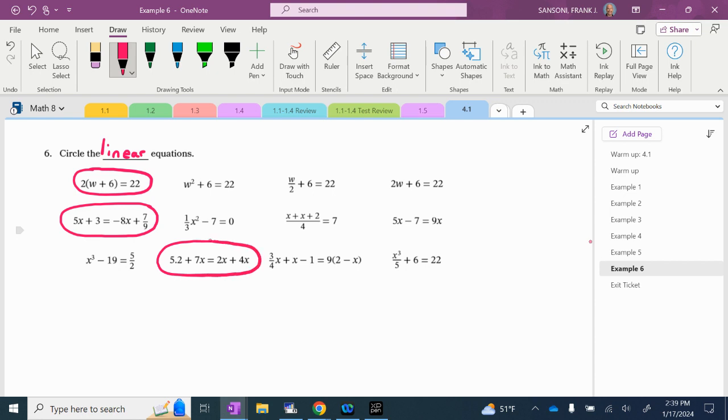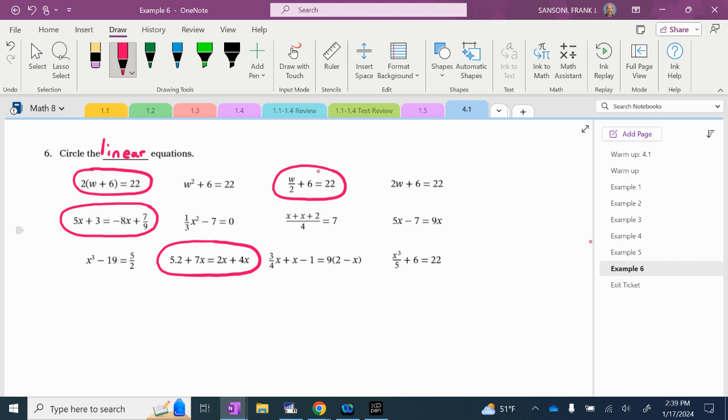How about 3rd column, top one? That's linear. Because dividing by 2 is the same thing as multiplying by what number? Half. Multiplying by a half is the same thing as dividing by 2. This is a good one right here. Some people said yes, some people said no. If I go x plus x, is that x squared?